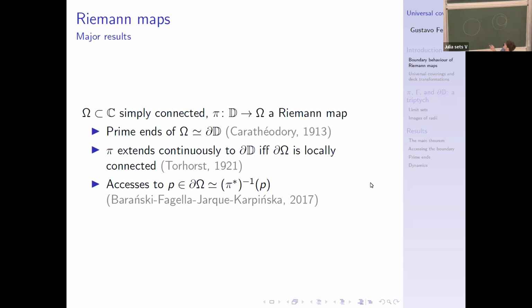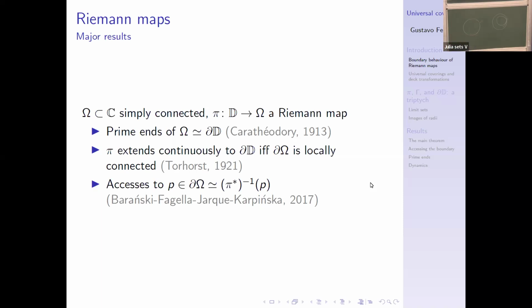And there's this correspondence theorem due to Baranski, Fagella, Jarque, and Karpinska, which tells us that each of these is going to correspond to some point here on the unit circle where the non-tangential limit of the Riemann map is precisely this point P here, right? So if we understand the Riemann map, we can understand all the different ways to access a point on the boundary and vice versa, okay?